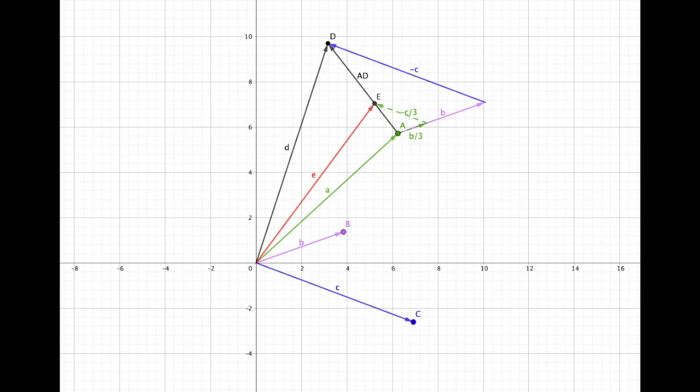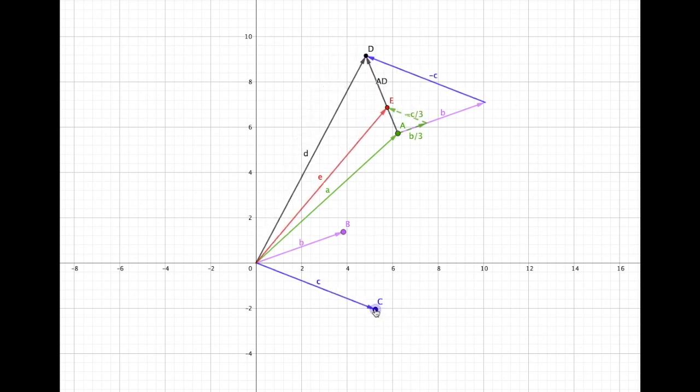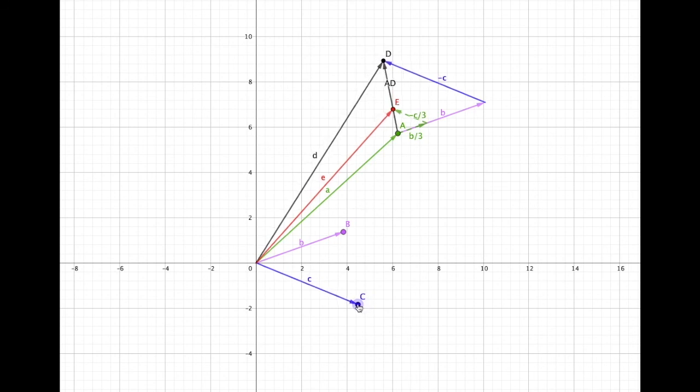Okay, now to highlight E, we'll give it its own point. So there it is. And now, this is the fun thing you can do on Geogebra, is we can play around with our original A, B and C vectors and see what happens. So we just do a very gentle shrinking of C, we can see that it moves in like that.